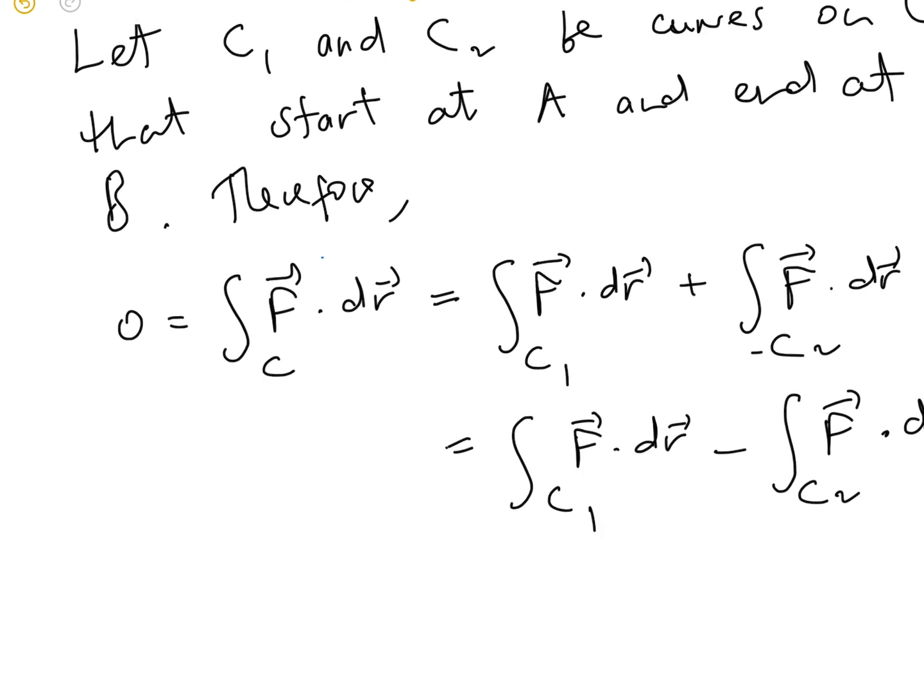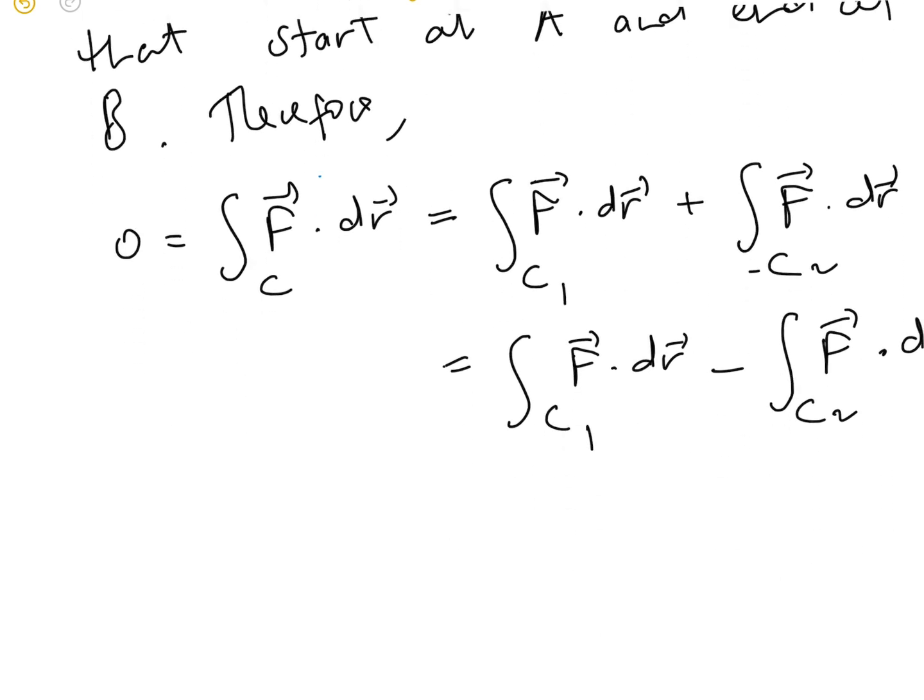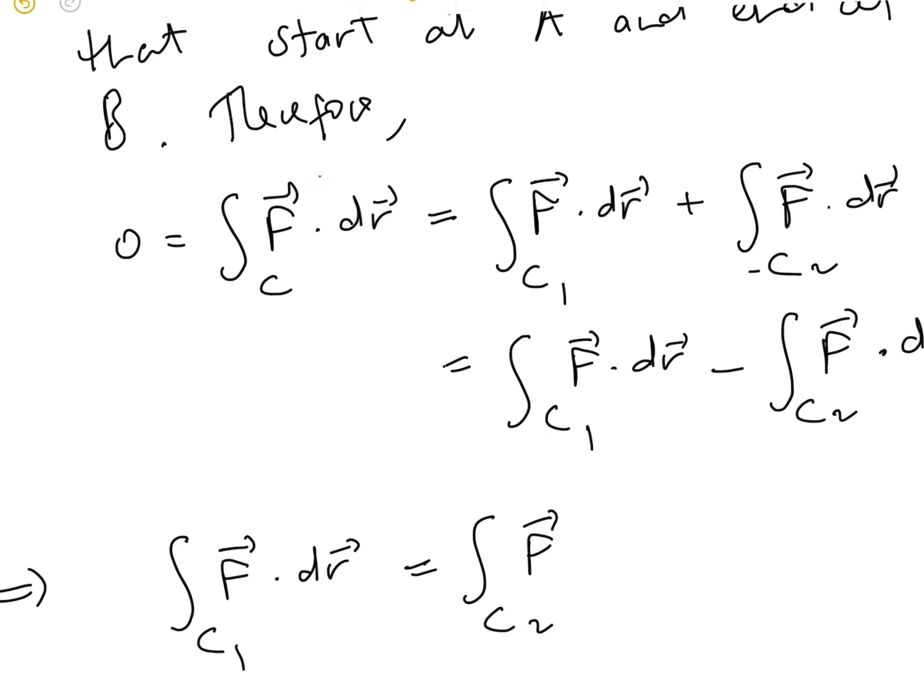Now, because this difference is equal to 0 because of our assumption, this obviously implies that if we add both sides by this line integral of f along C2, we get that the line integral of f along C1 is equal to the line integral of f along C2.